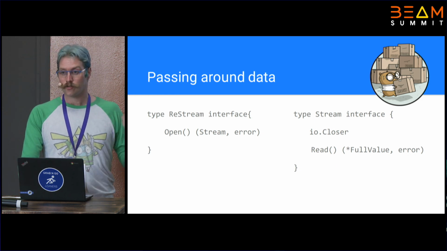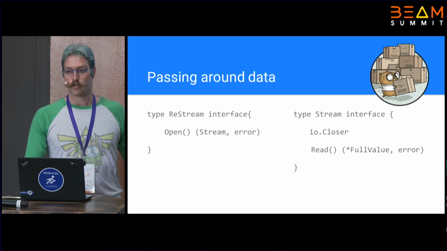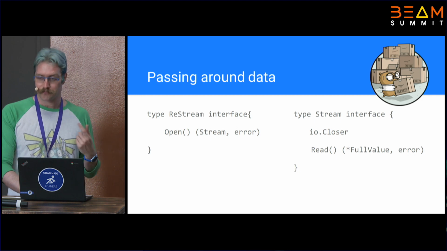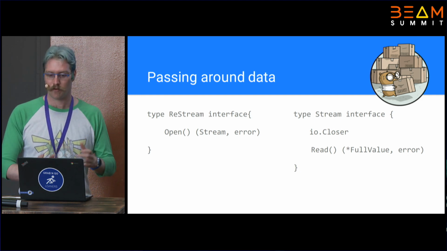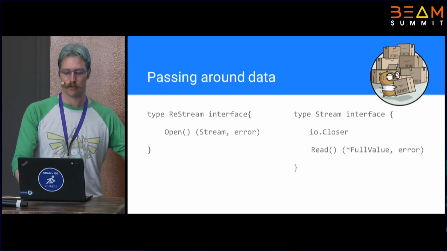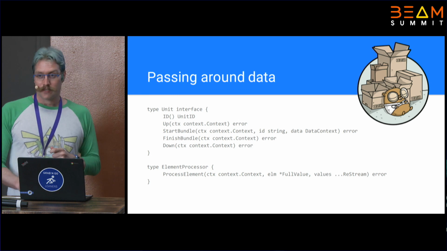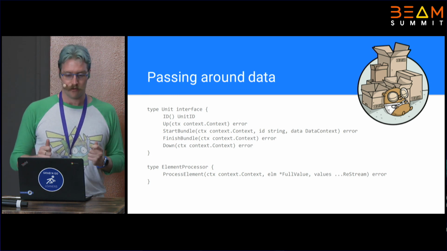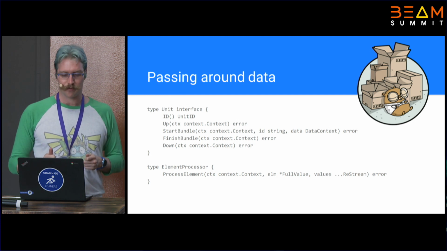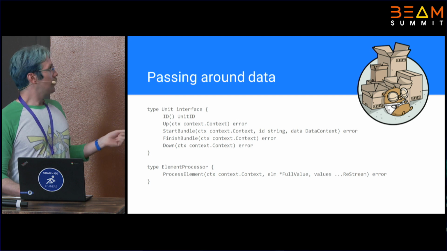Streams can be closed so that we can cut off the data connection if necessary, but otherwise it will just return a set of full values to be read and then processed by things before they get passed to the user functions. In the exec package, most of the p-transforms, or all the p-transforms, are implementing these interfaces.